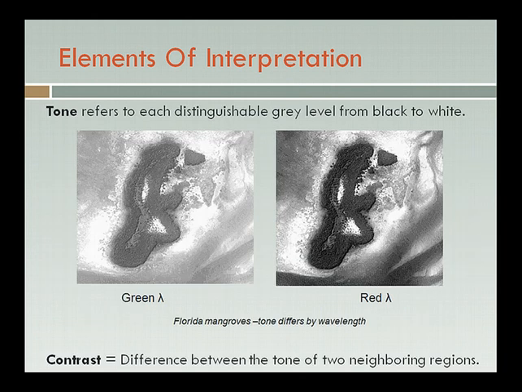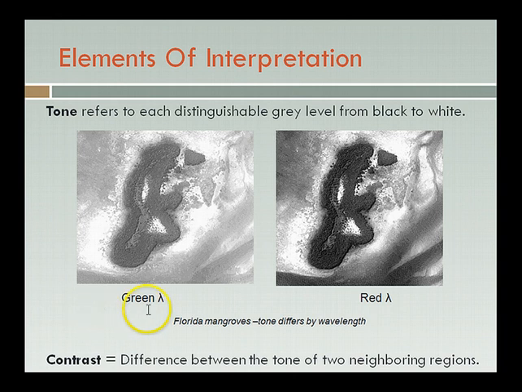When we talk about tone in photo interpretation, it's really referring to how much variability there is between your lightest and your darkest pixels in an image. You know, how much range there is in the intensity of the reflectance signal that the detector is receiving. And this really can vary by wavelength.